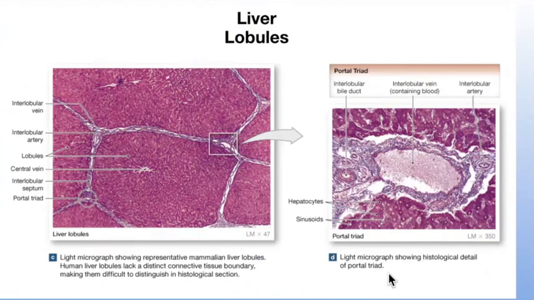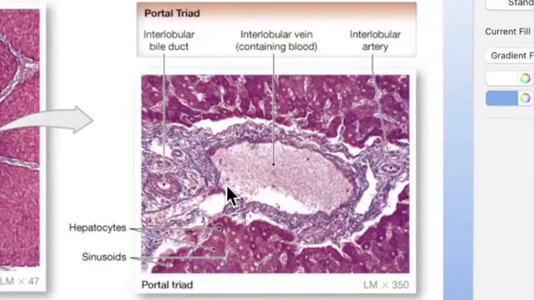And then here is a zoom in on a portal triad showing you that the branch of the hepatic portal vein is large and central. Then we have to the left a tiny bile duct here, and the branch of the hepatic artery proper is seen to the right of the branch of the hepatic portal vein.